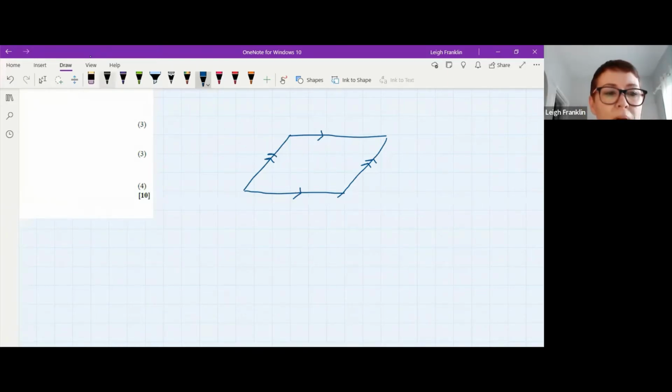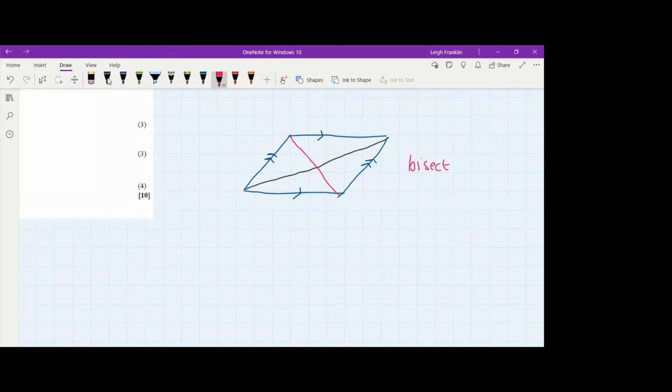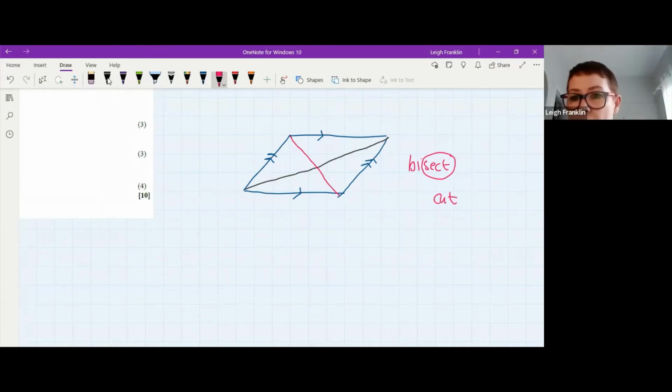So when we talk about the diagonals bisecting, a diagonal is a line that goes from one corner to the other corner, all right? And then it would be the same on this side. So from this corner over here to that corner over there. So the word bisect, in English, sect means to cut, and bi means to cut in half.